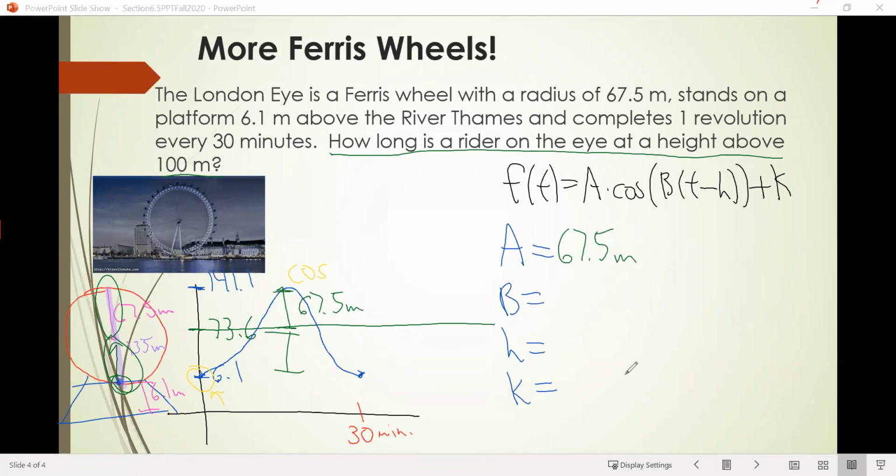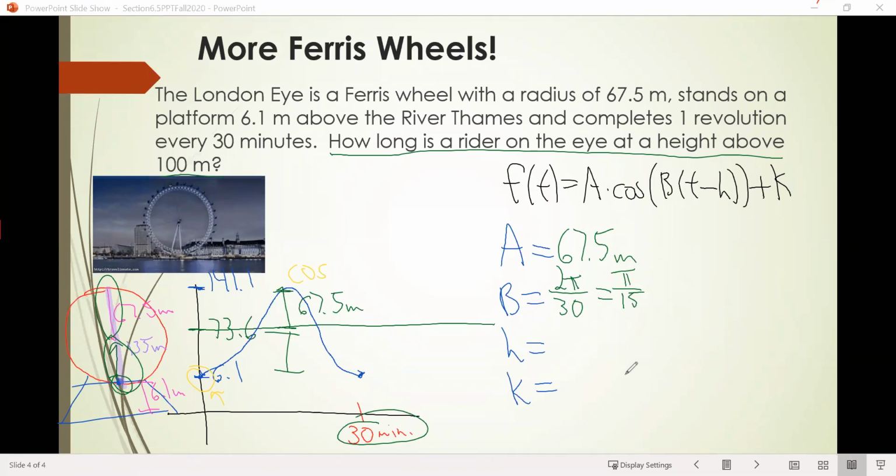B, remember, comes from the period, and it's 2 pi over the period, and again, it takes a full 30 minutes to do a revolution, so our period will be 30 minutes. So we can find the value for B by doing 2 pi over 30, which reduces to pi over 15.